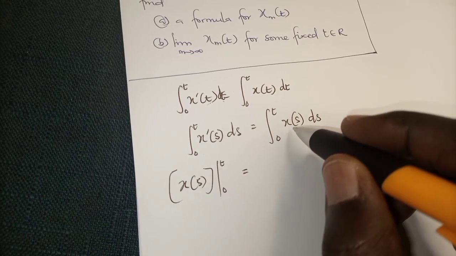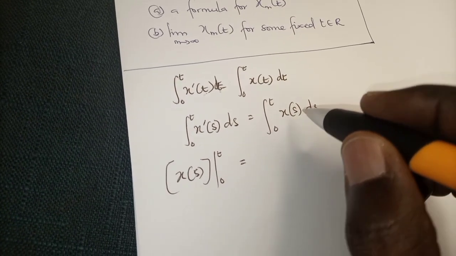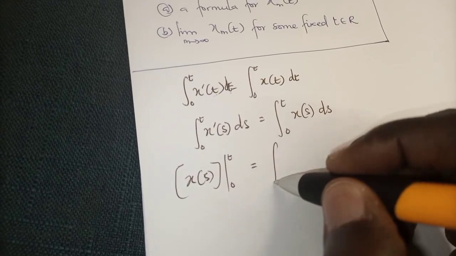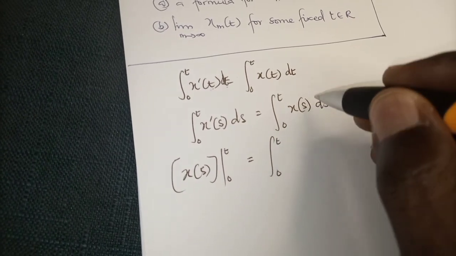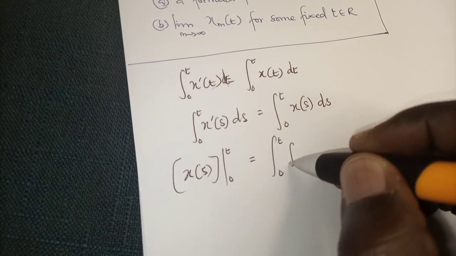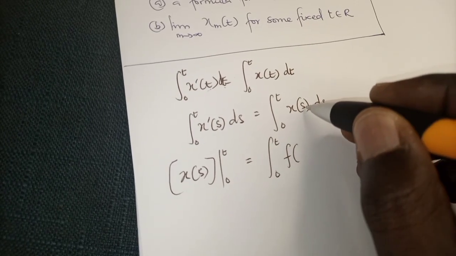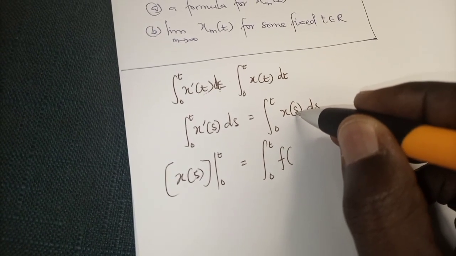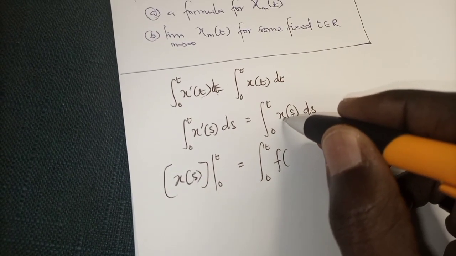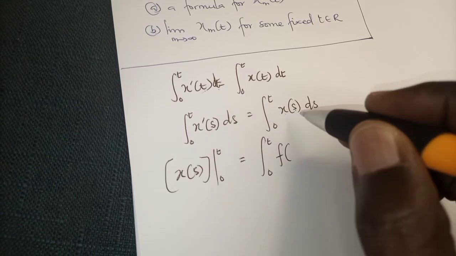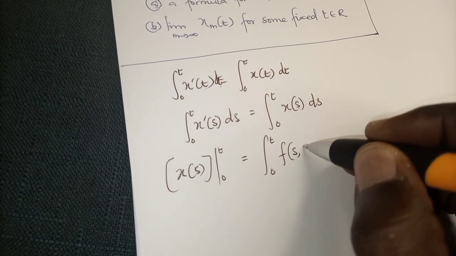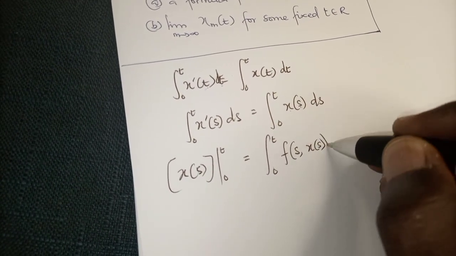But since it's a function, we can write it in another format by saying f of s, x of s ds.